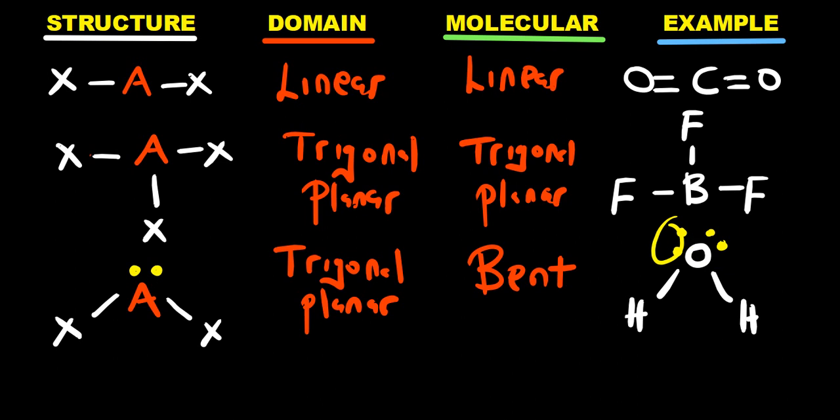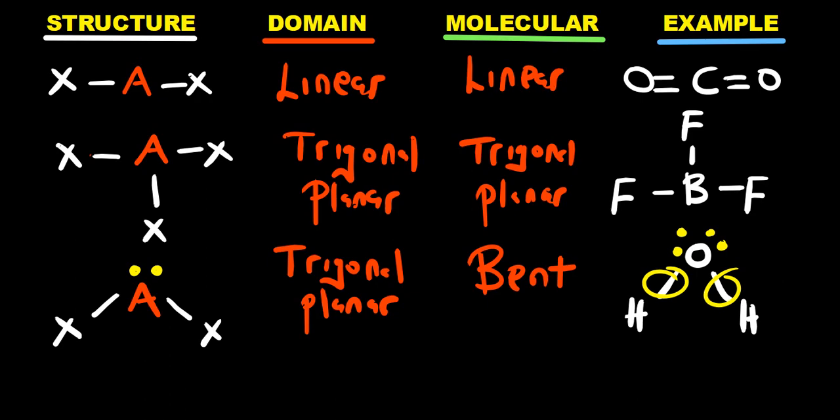Then the other two are bonded; there's a covalent bond between oxygen and the hydrogen on both sides. So you tend to have two lone pairs which are not bonded to anything. Because of that, those lone pairs will tend to repel the bonding electrons.